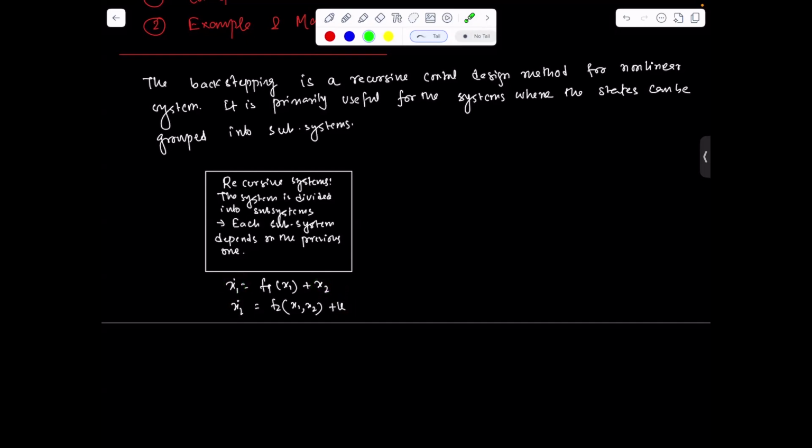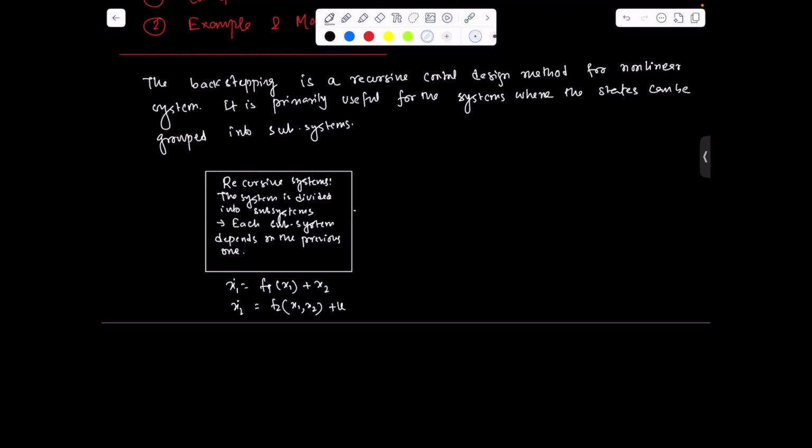So for this first subsystem, we're going to have the virtual control for x2, which will help us to control x1. And that virtual variable, what we assume for x2, will be used to design the overall control for the x2 dynamics. As we proceed, we will come up with the full idea of how it is happening.